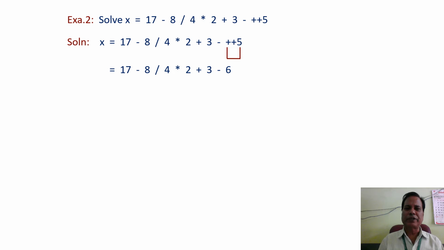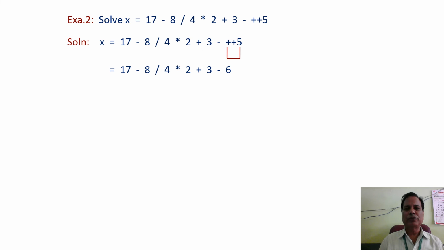And the expression can be written as 17 minus 8 slash 4 into 2 plus 3 minus 6. Now in this resulting expression, we find that division and multiplication operators have higher priority than the subtraction and addition operators.